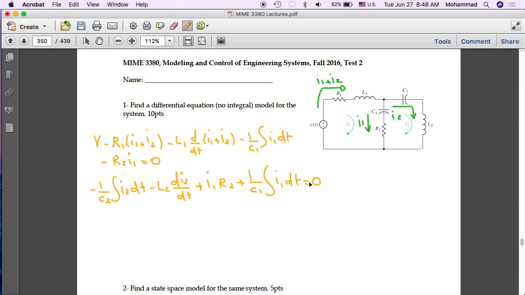Now these are the two mixed integral-differentiation equations.